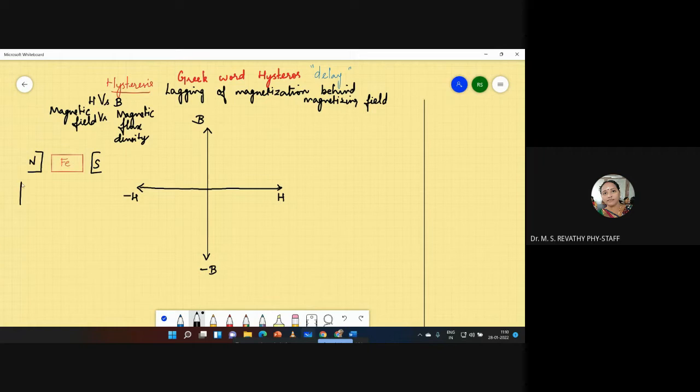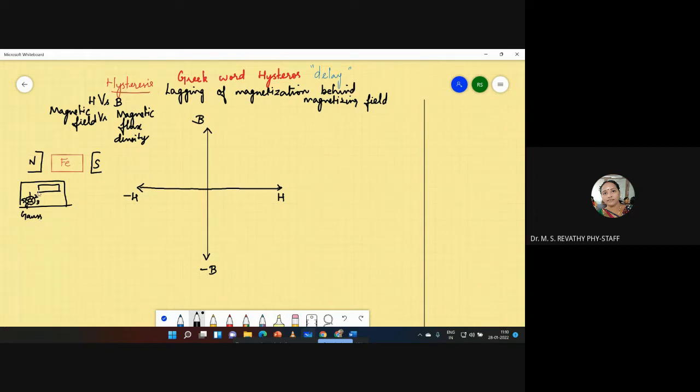With the help of a digital meter, I have a knob wherein I can adjust the magnetic field, like a fan regulator: 1, 2, 3, 4, 5. Different Gauss values will be there. The unit of magnetic field is Gauss.